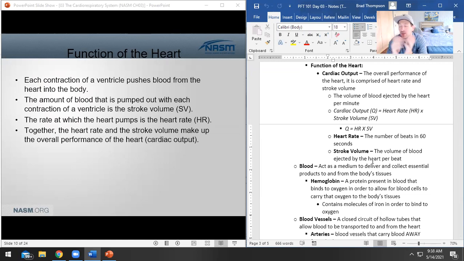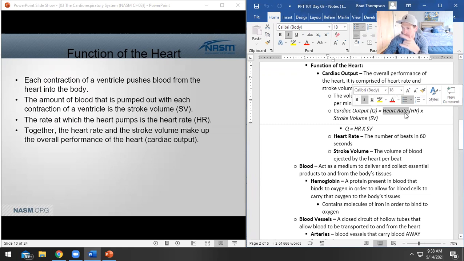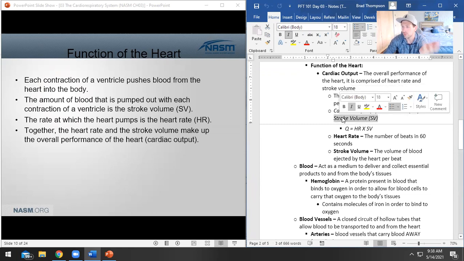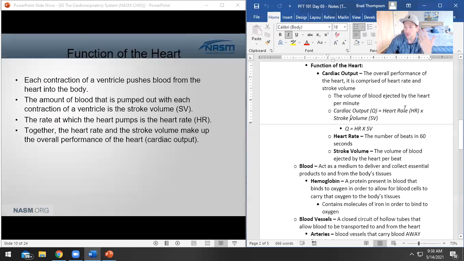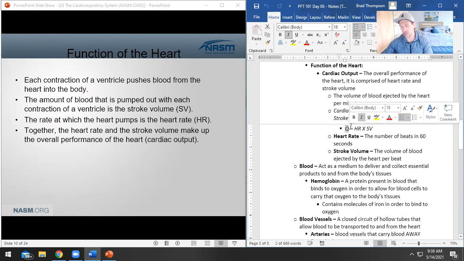So we have a little equation that represents that. And that is cardiac output equals heart rate multiplied by stroke volume. And so if you eject 10 units of blood every time and your heart beats 5 times, 10 times 5, that would be a cardiac output of 50. And so for some reason, instead of just writing CO equals HR times SV, they will often write it as Q equals HR times SV.